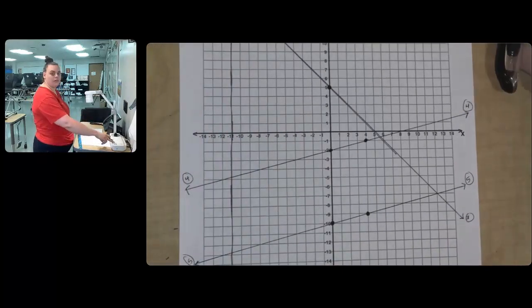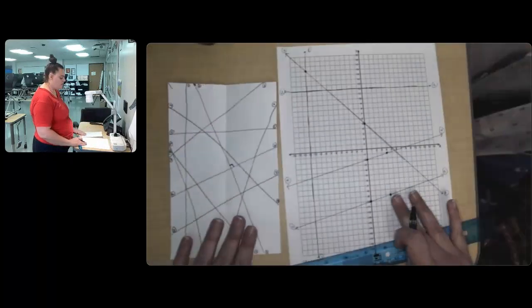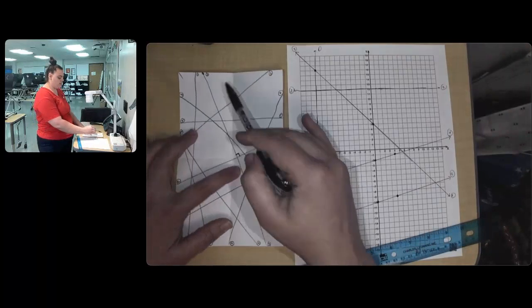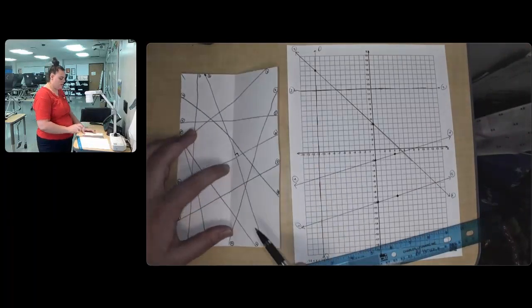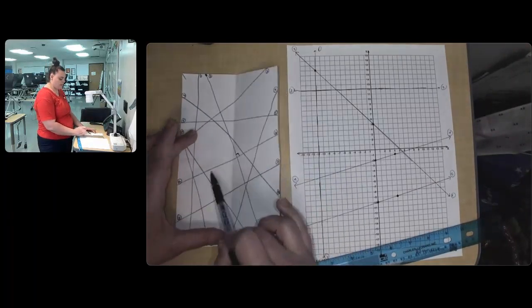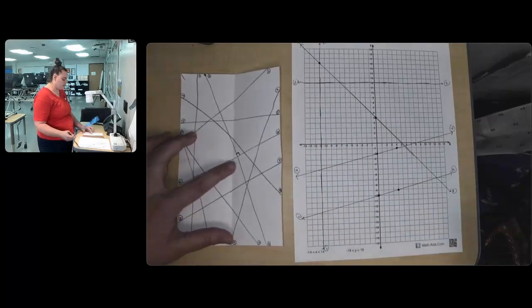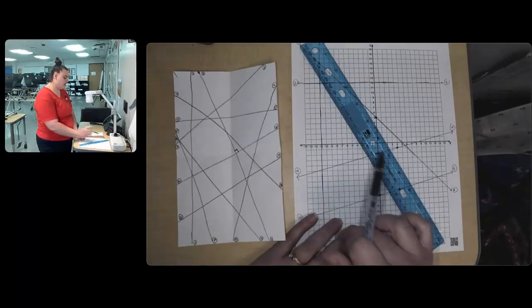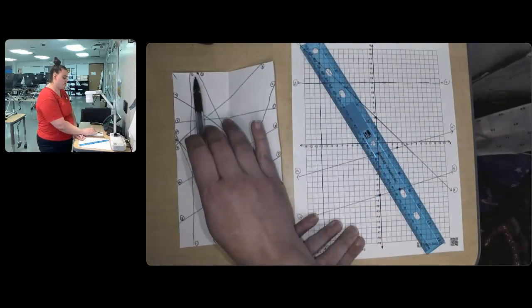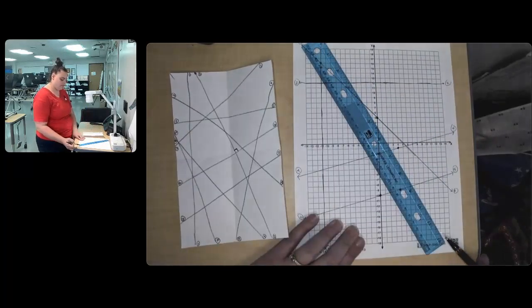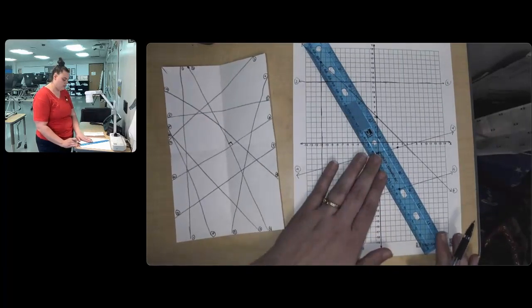Next, we'll take a look at our perpendicular lines. As you can see from my sketch, my perpendicular line is this very steep one, perpendicular with the top parallel line. So if I just put my ruler on here, at the top here, it's close to that vertical line, and at the bottom here, it's kind of close to the edge.